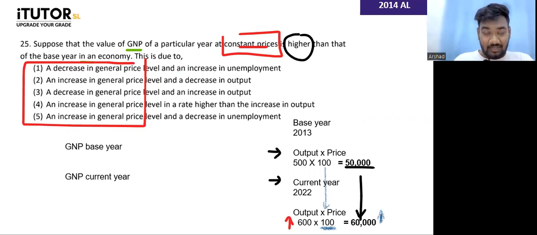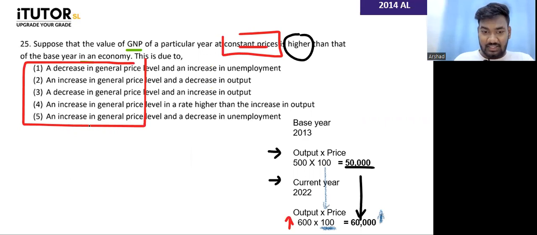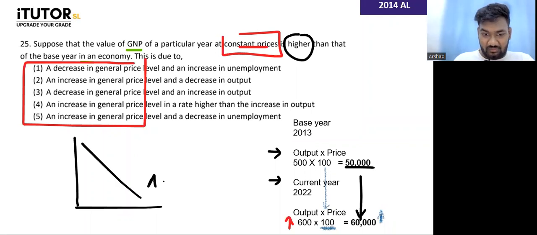Guys, do you all remember the aggregate demand curve diagram? The AD curve, aggregate demand curve. What are the two axes? One axis is the general price level. This axis is the real GDP, or we call this the output axis.